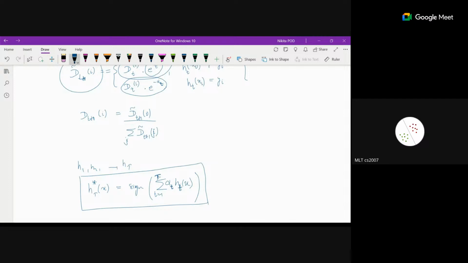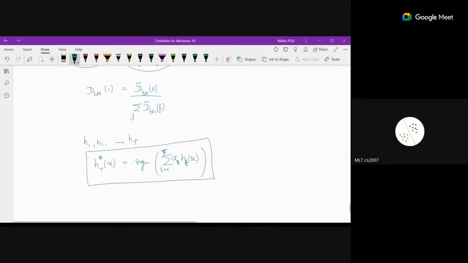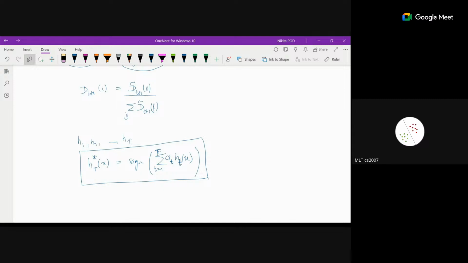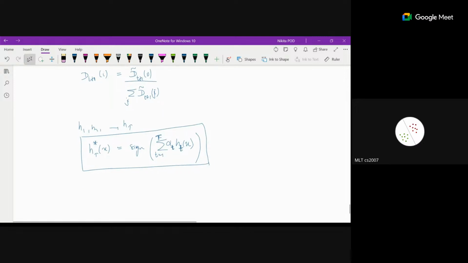This is not just the average; this is the weighted average of your classifiers, and these weights are given by alpha_t. This alpha_t comes from a proof, not in the lecture, but in general, if you look at the proof, alpha_t is ln of (1 minus error of h_t) divided by error of h_t.